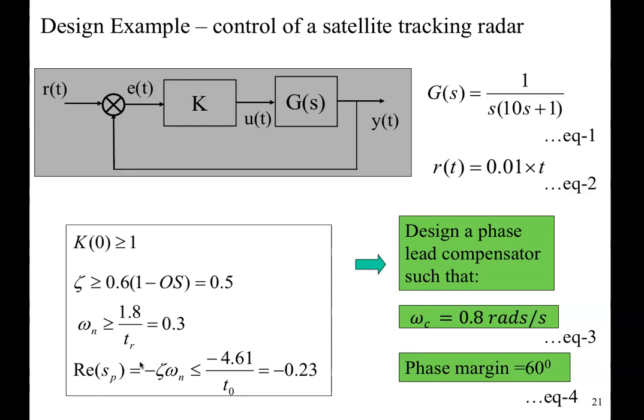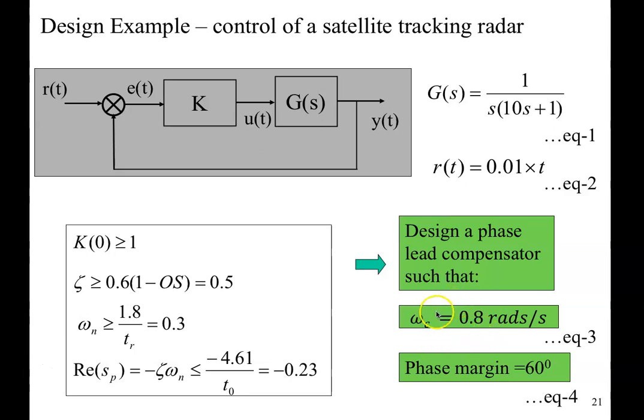I'm going to interpret these requirements on the left into the parameters we can use. In order to meet the requirements in this box, I will need a crossover frequency of 0.8 radians per second. I want a phase margin of 60 degrees.